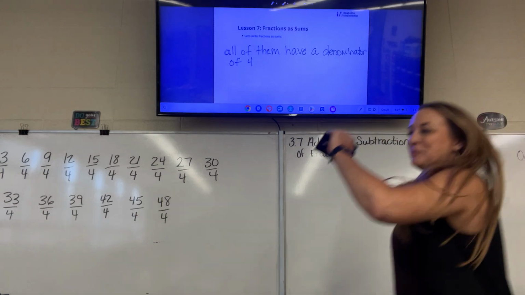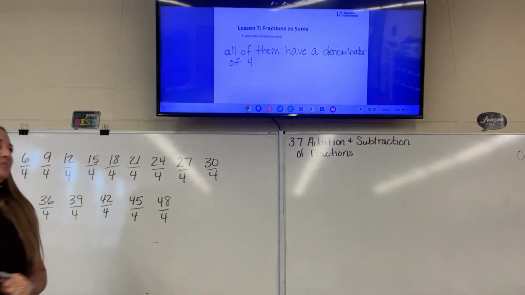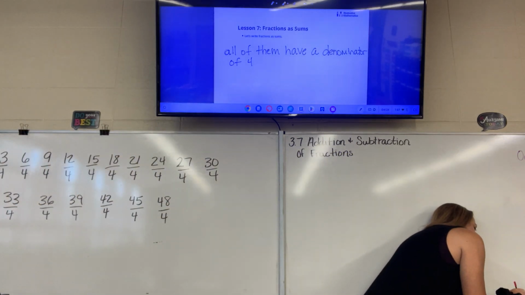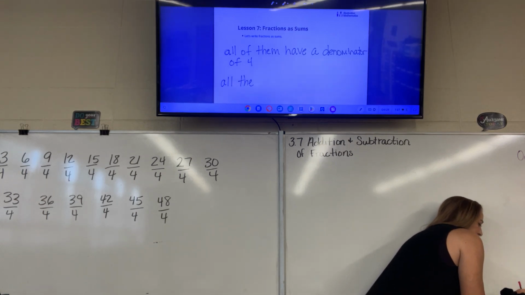Multiples, right? So they're all multiples of 3. All the numerators are multiples of 3.